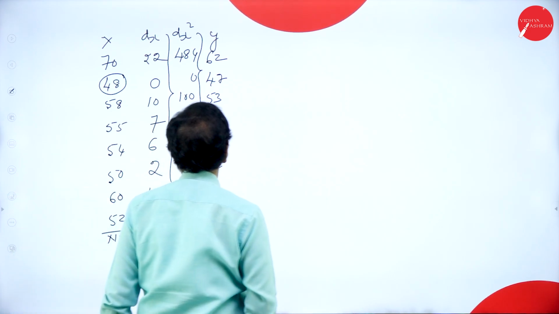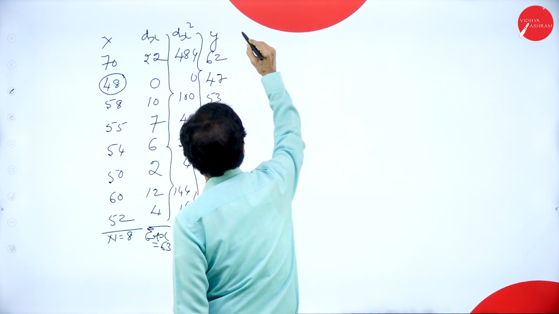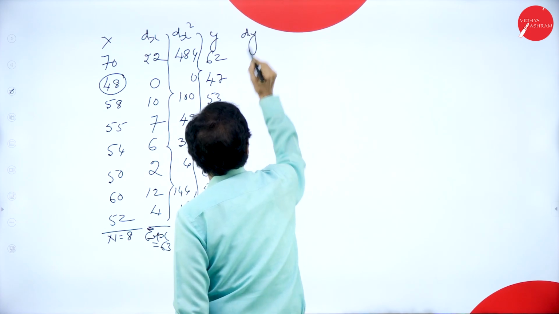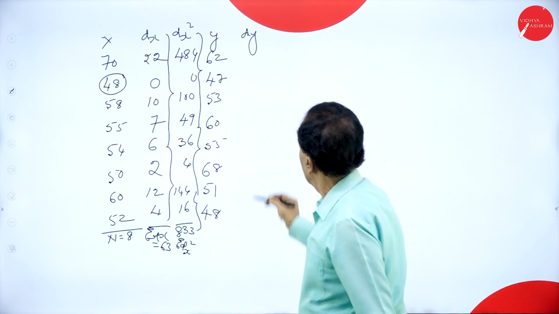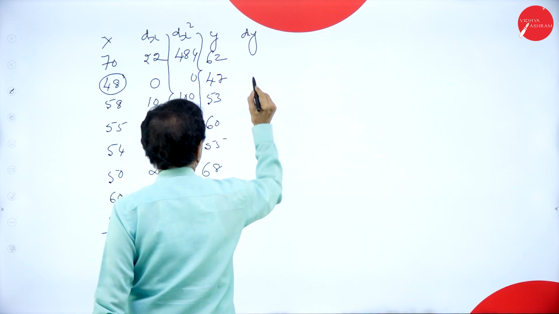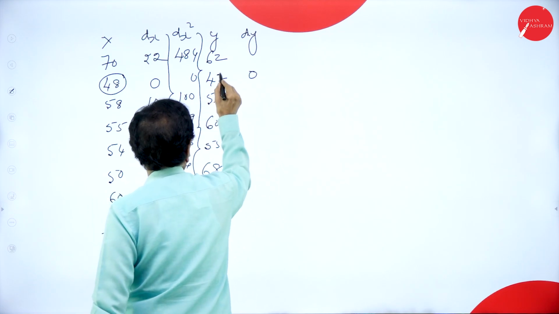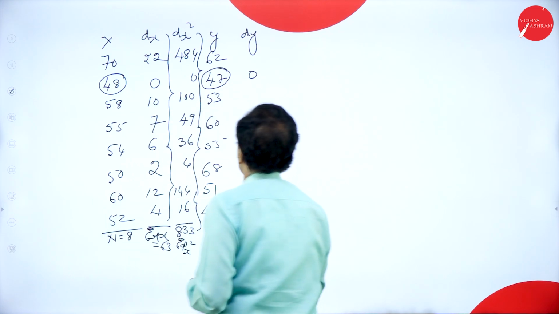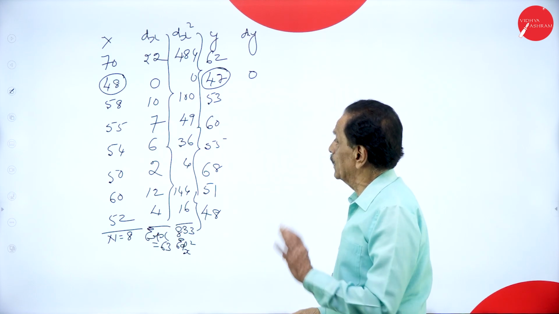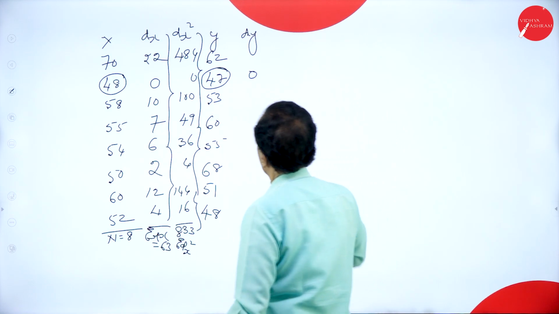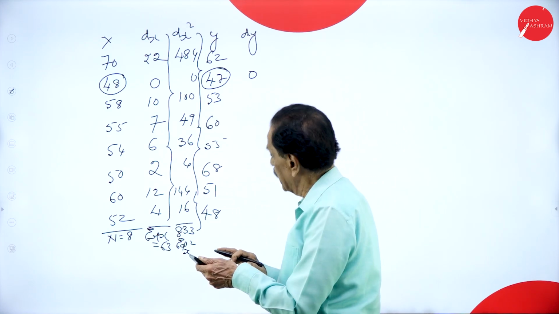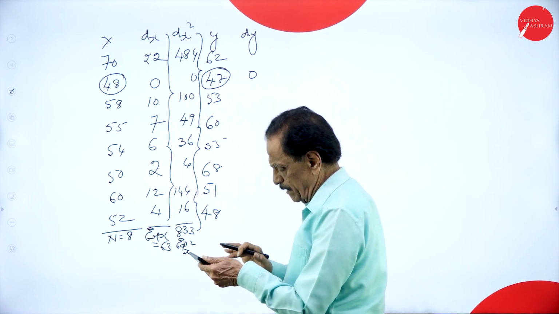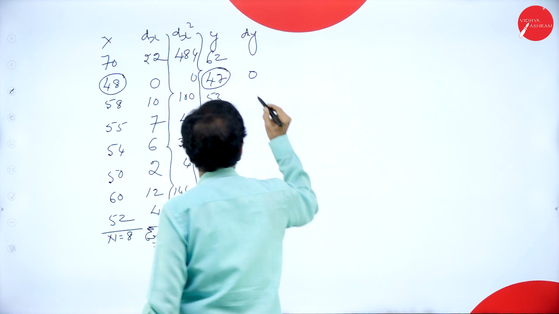Come back here. dy: the lowest number here is 47, which is 0. Then 52 means 47 plus 3 is 50, plus 2. 62 minus 47 is 15.